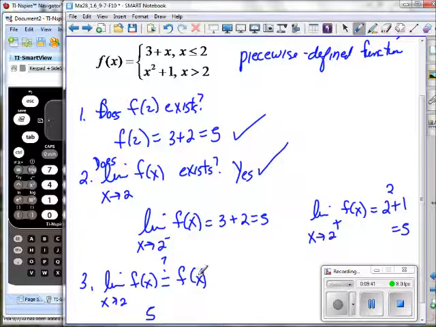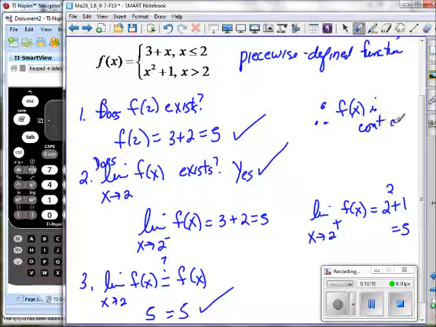What's the function's value at 2? 5. Are those equal? Yes. So the third criteria is met. Is the function continuous at 2? Yes. Therefore, f of x is continuous at 2.